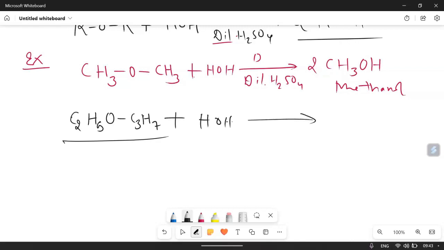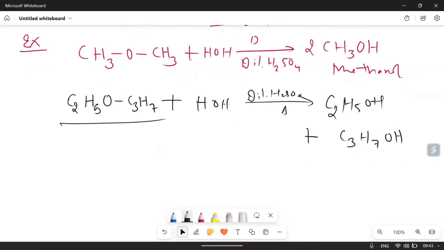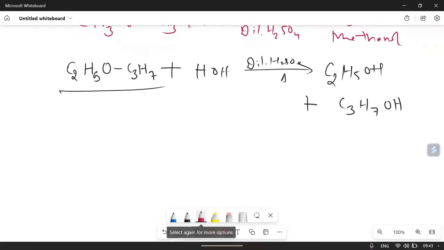In the presence of dilute H2SO4, heat it up. It will form C2H5OH, this is ethanol, plus C3H7OH, this is propanol or propyl alcohol. So this is the method.